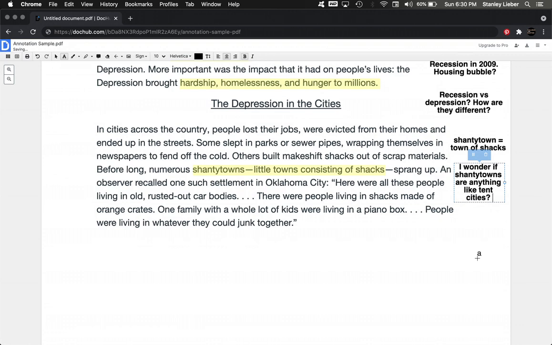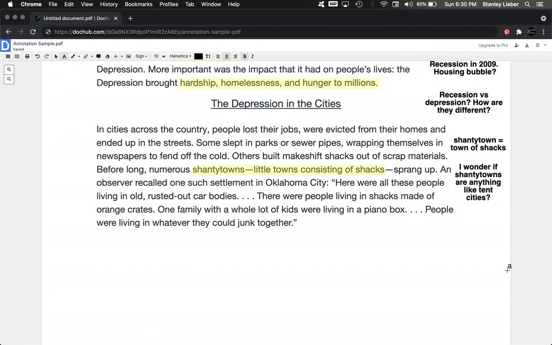And maybe this is something that I could look up later. I could see some pictures of shanty towns to get a better mental image of what this is like. So I'm trying to make those connections as I read to things that I'm thinking about now, because history doesn't just stop when the event is over. We're still experiencing and making new history today.